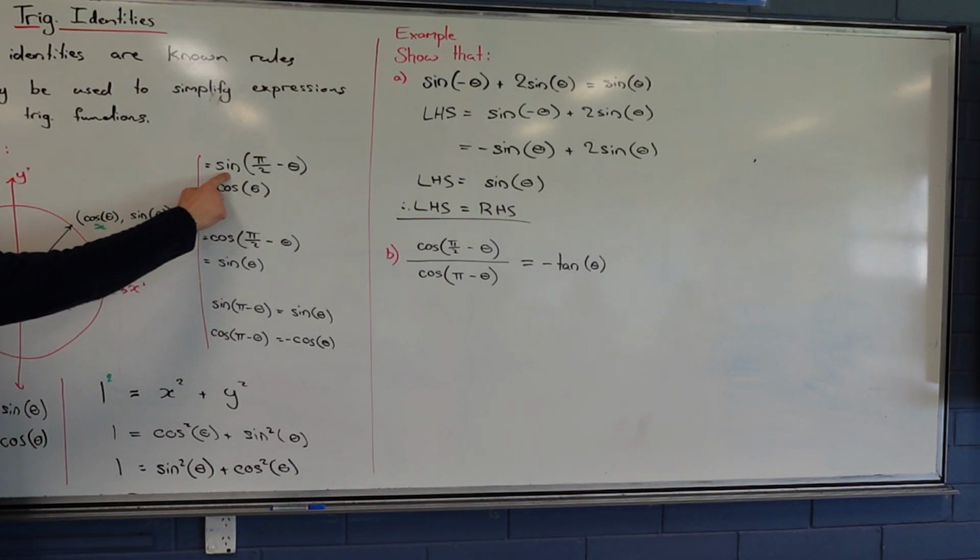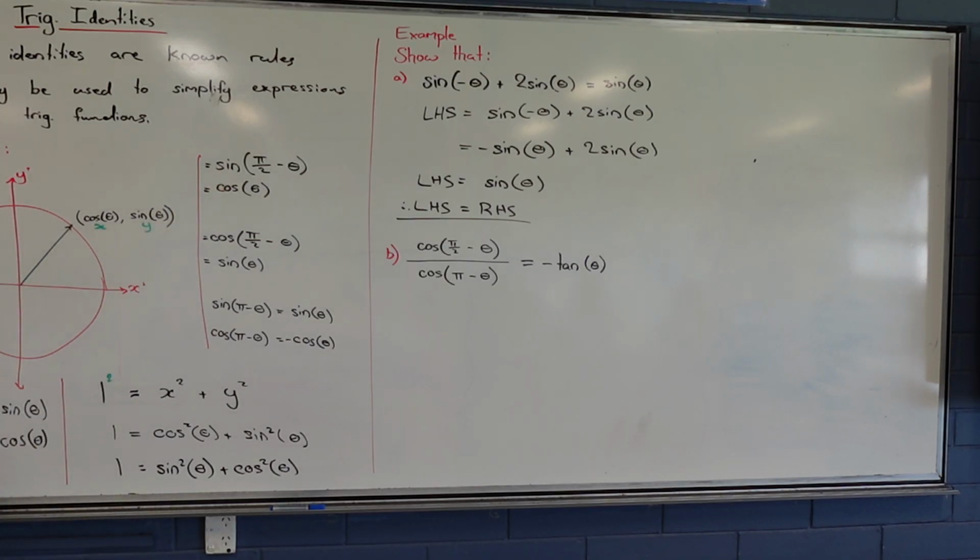Similarly with these guys over here, think about sine when you're graphing it. If we were to graph sine, it looks like that, doesn't it? And if we graph cosine, it looks like that, I guess.